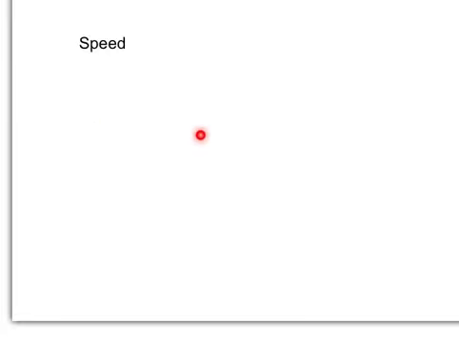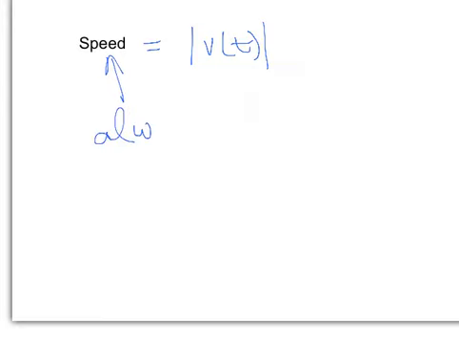Either way it's going, 2 centimeters per second. So with regard to speed, direction does not matter, because in velocity you can have a sign. Velocity can be positive or negative. However, speed is always positive. Always positive. You don't care if you're going north or south. You just want to know how fast you were going.